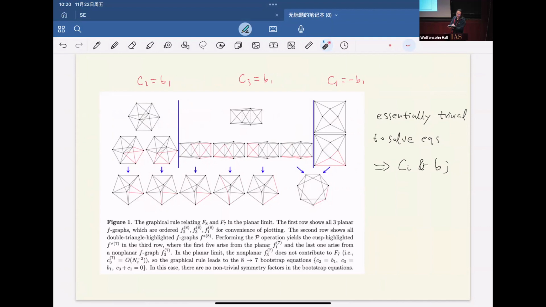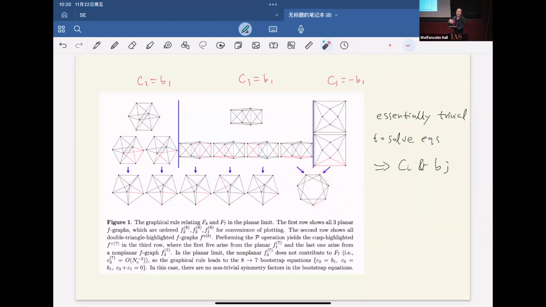Even going to 8-point, this is everything, right? We have 3 graphs here, and you find all the double triangles and do the pinching. You have actually a unique planar graph at 7-point. So this equation is saying this graph should reduce to the unique coefficient, C2 equals B1, and this graph, C3, also equals B1. But there's an interesting equation: this graph, C3 and C1, can both reduce to some non-planar graph, okay?